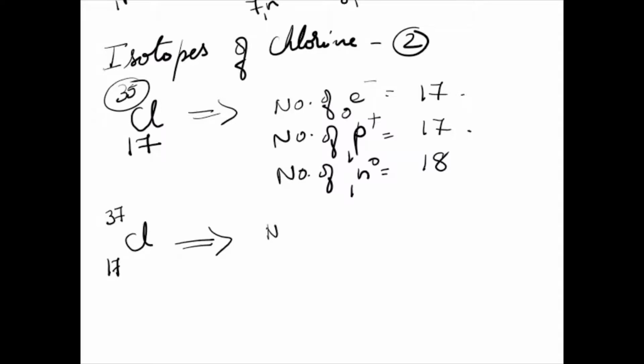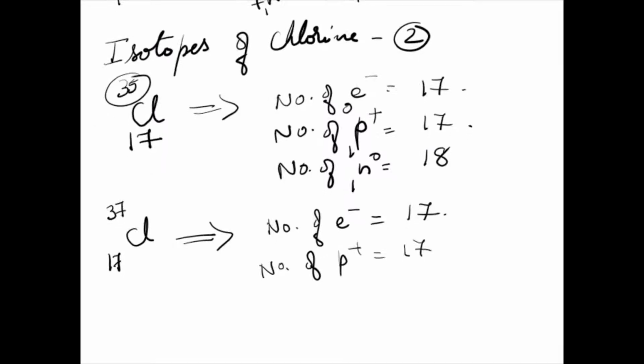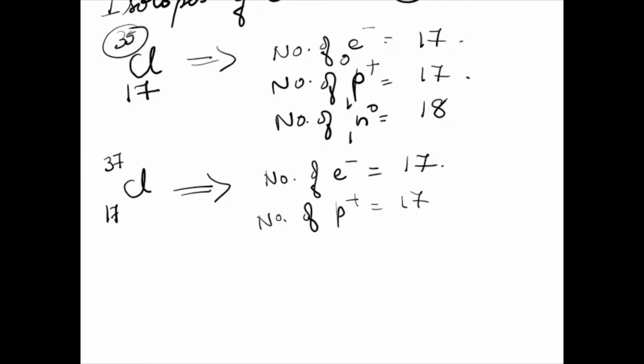This implies the number of electrons is 17, the number of protons is also 17, and the number of neutrons is 37 minus 17, so 20.